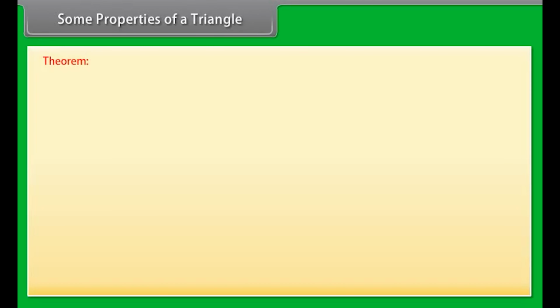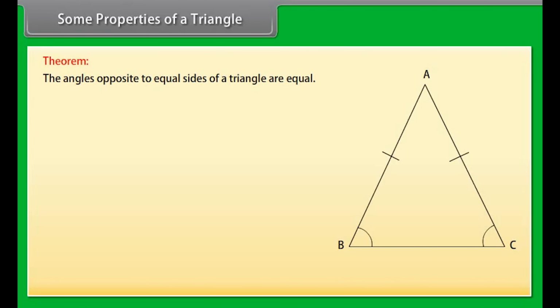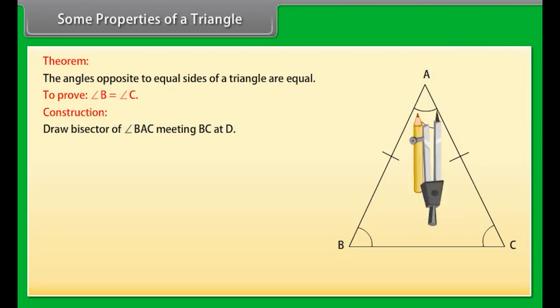Some properties of a triangle. Theorem. The angles opposite to equal sides of a triangle are equal. Let's prove it. Given is a triangle ABC in which AB is equal to AC. We have to prove that angle B is equal to angle C. Construction. Draw the bisector of angle BAC meeting BC at D. Proof.